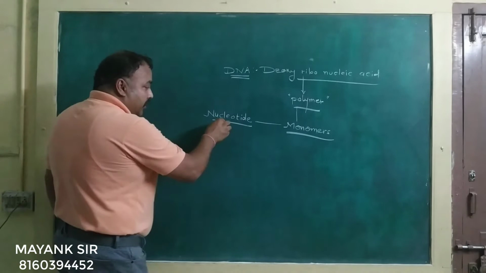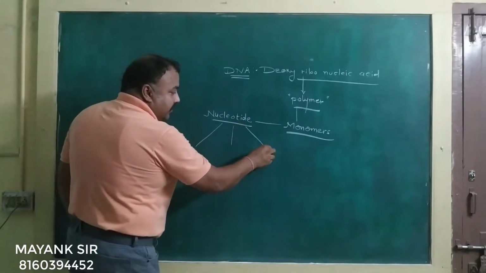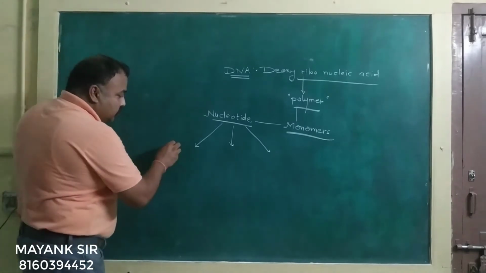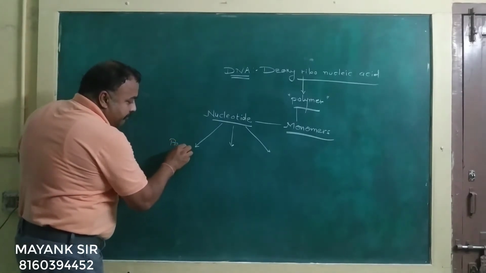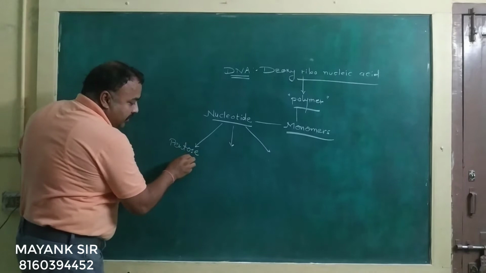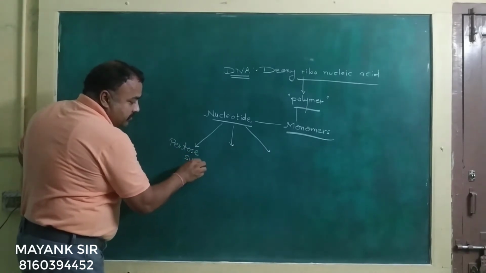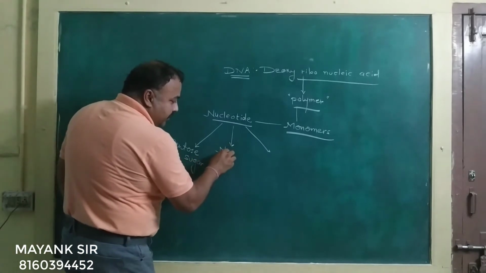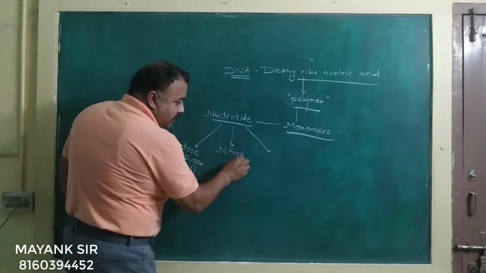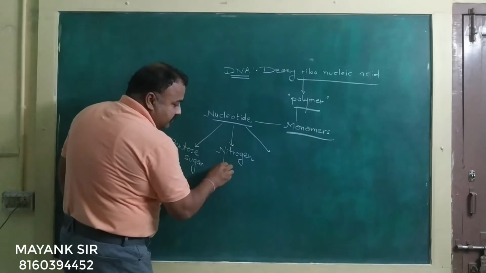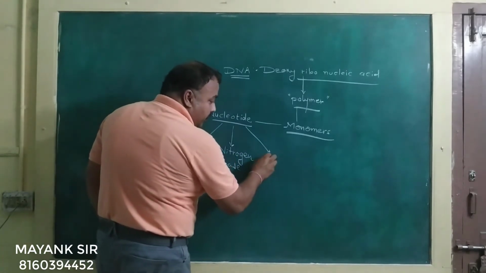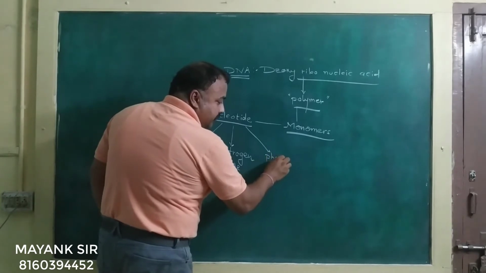And a single nucleotide contains three basic components. The first one is called pentose sugar. The second one is called nitrogen base, and the third one is known as phosphate group.